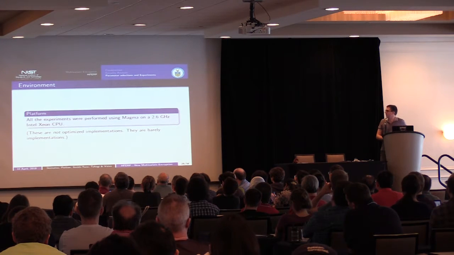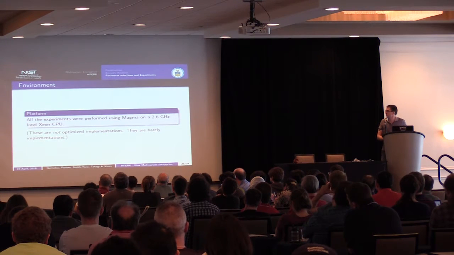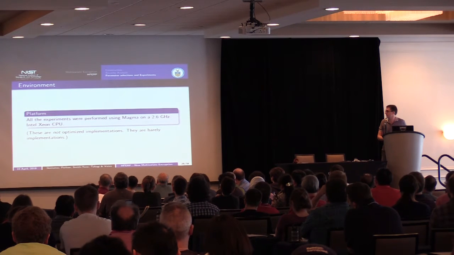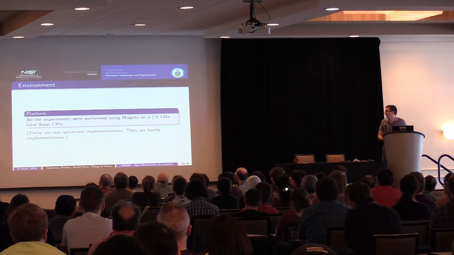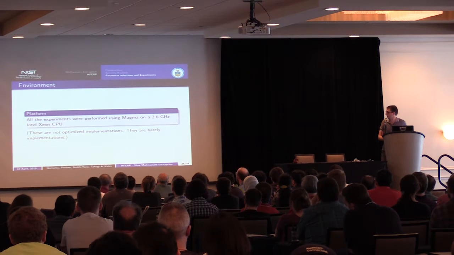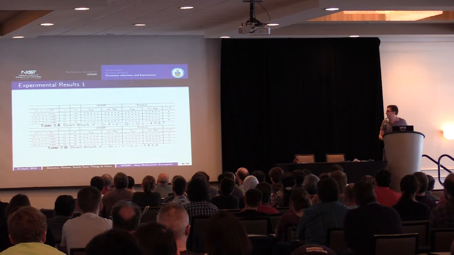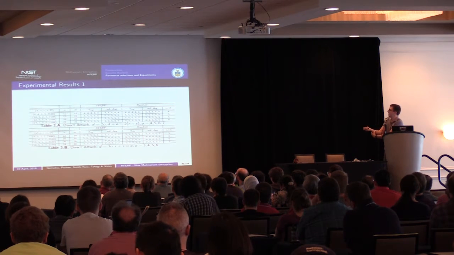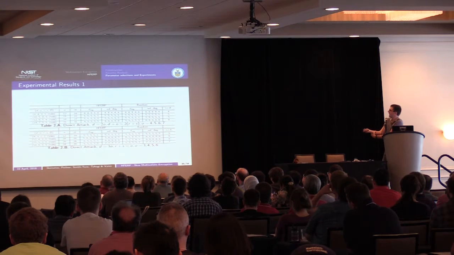Okay. We did a bunch of experiments, which are extremely not optimized. We performed these calculations with Magma. So don't believe that this is the best that we can do. But here are some results. So here are results on security. This is very tiny up here, but it had to be for me to fit everything on the slide.